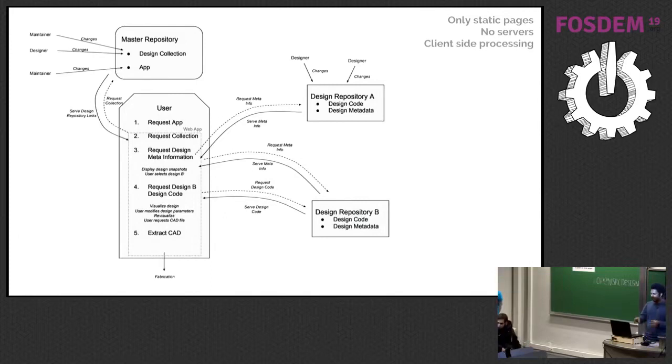And the idea is the app is a completely JavaScript engine which runs on the browser, making back and forth REST calls for things like make a design, fabricate this. So the app is a 3JS based thing running on the browser. A designer hosts their GitHub repo with the design.